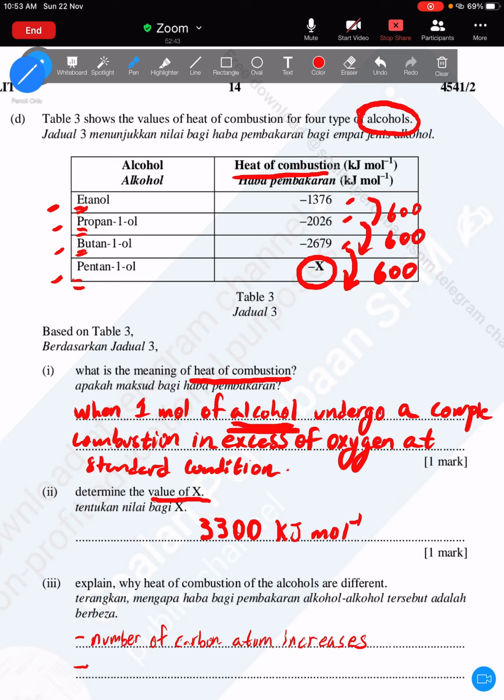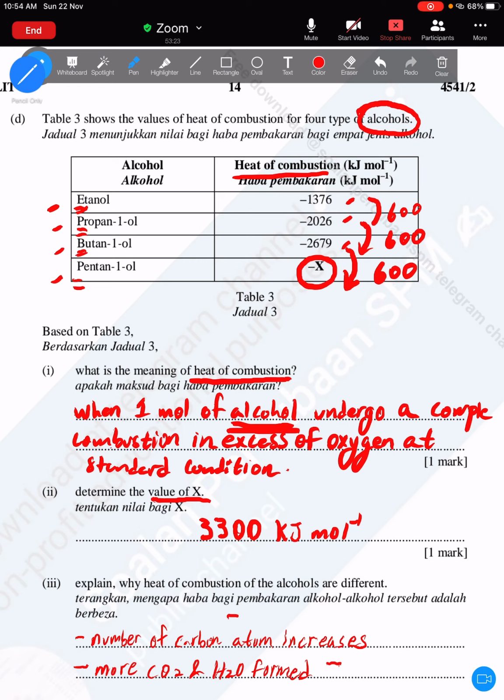Then what happened next? The more carbon you have, the more carbon dioxide and H2O is formed under the combustion, am I right? So you have more carbon dioxide and H2O formed. And the third point, ialah more carbon, more product. More carbon, more product. When you have more product formed, then what happens?